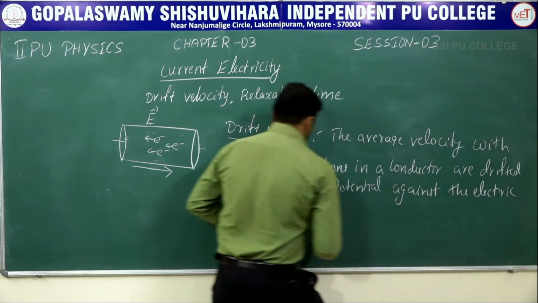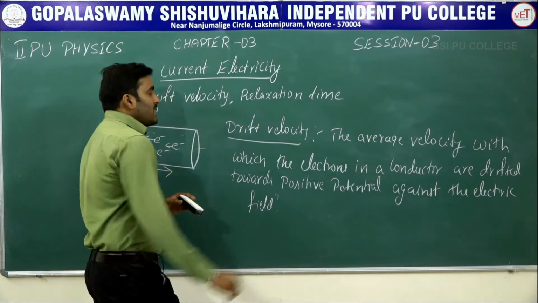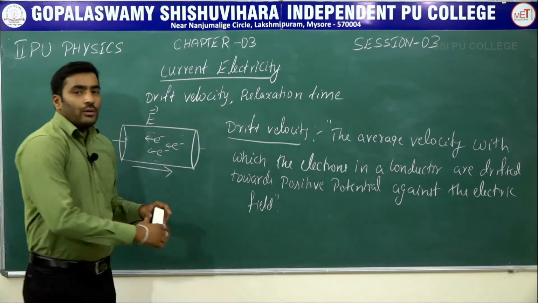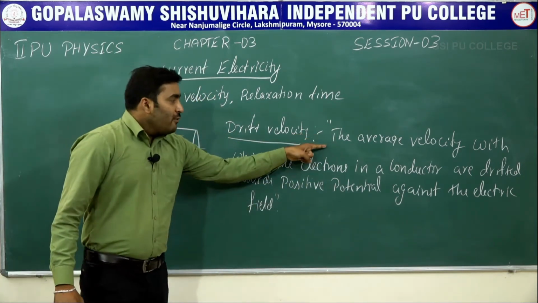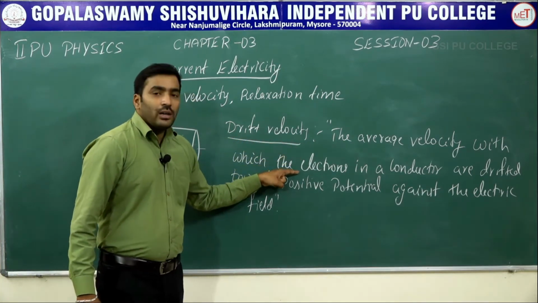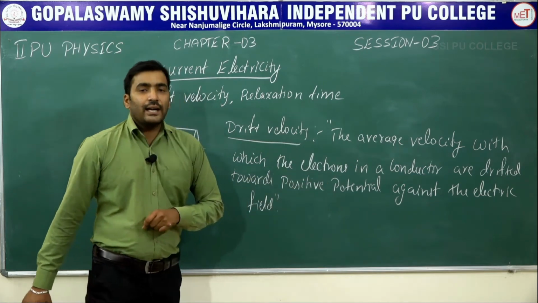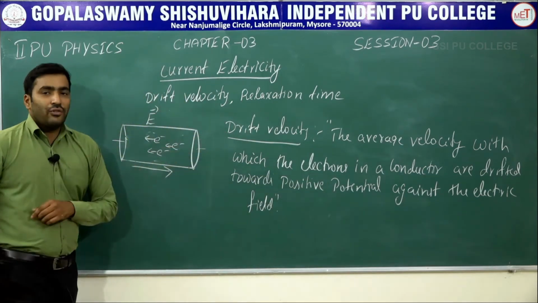This is the definition of drift velocity: the average velocity with which the electrons in a conductor are drifted towards the positive potential against the electric field. This is called the drift velocity.